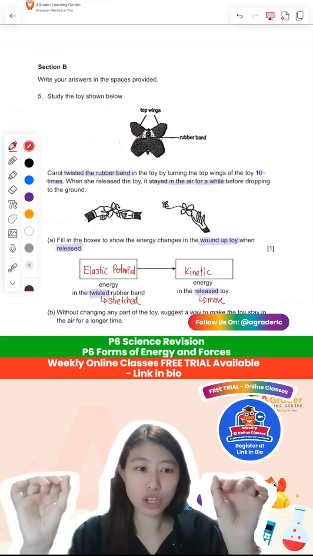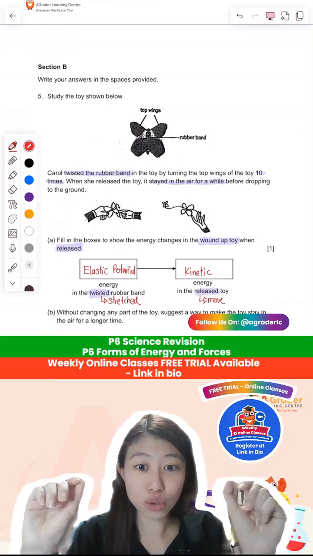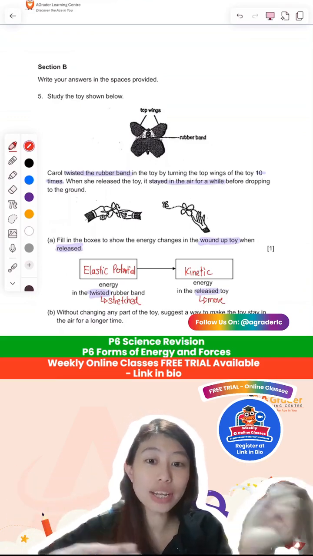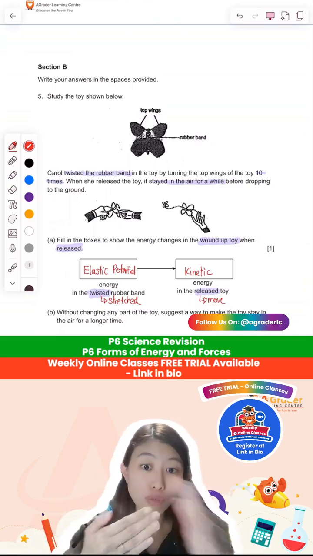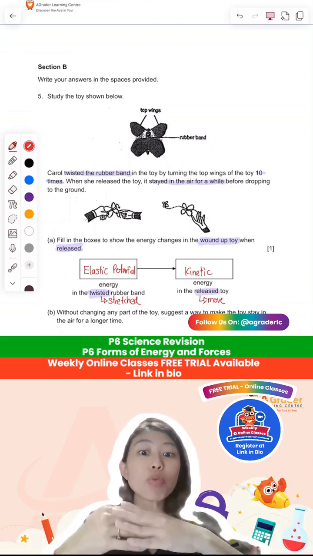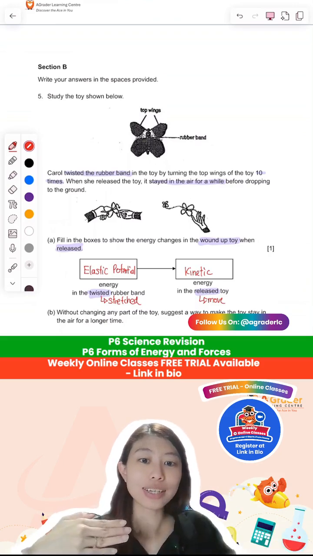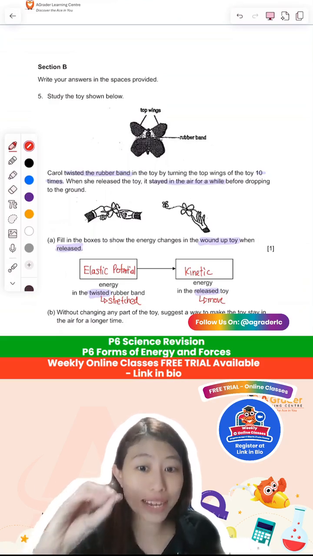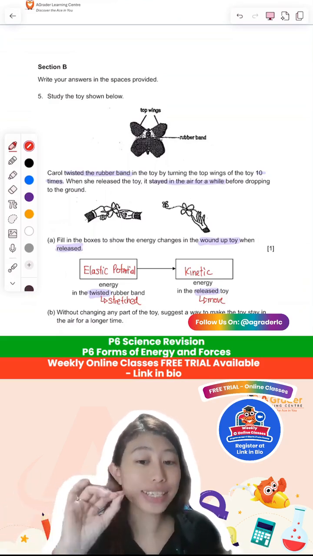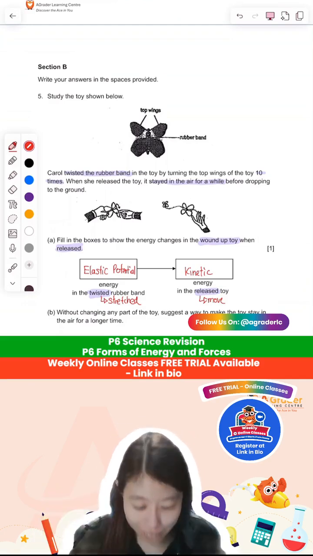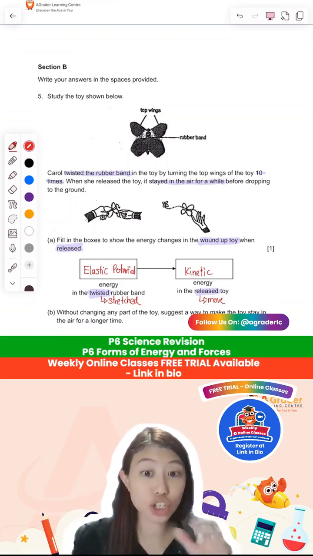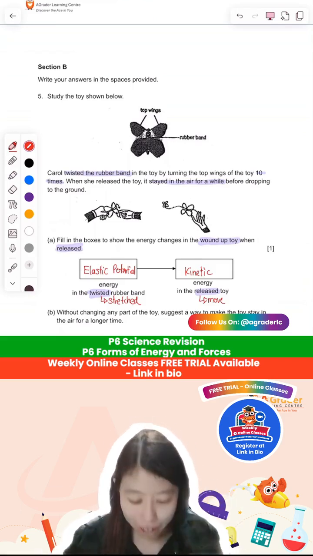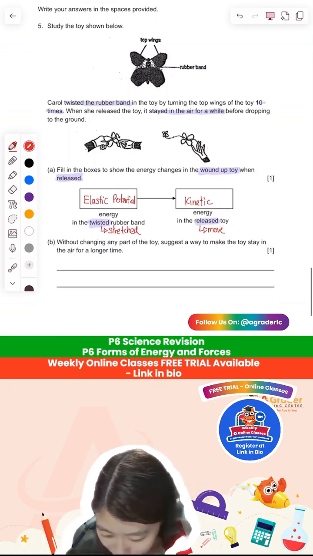It exerts a force onto an object. Usually when it exerts a force, an object will move, so it is more related to kinetic. So forces and energy, please don't confuse them. They are slightly different. Energy is just stored, no movement yet. Elastic potential energy, no movement. Let's move on.